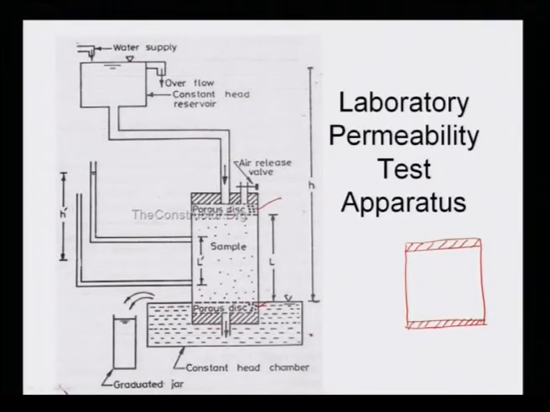That means the moment water is here, it passes through the top of the soil sample. So water is allowed to pass through the porous stone along the soil sample. Then at the bottom, the porous stone will only allow water to flow, not the soil sample.